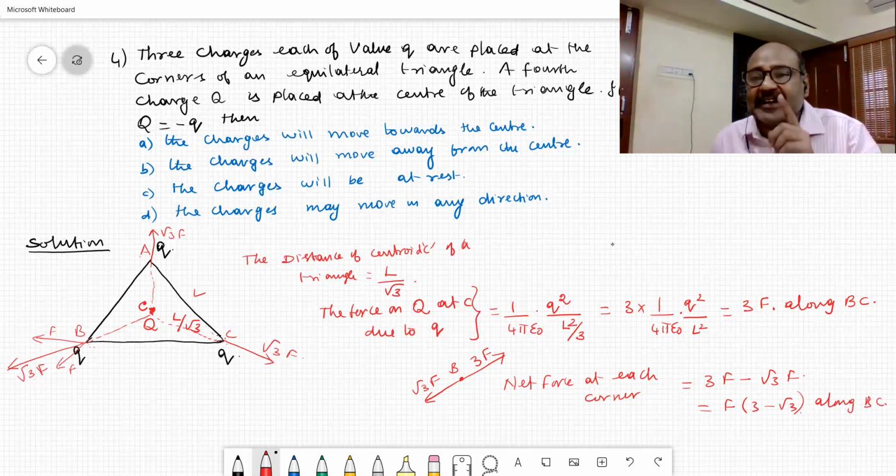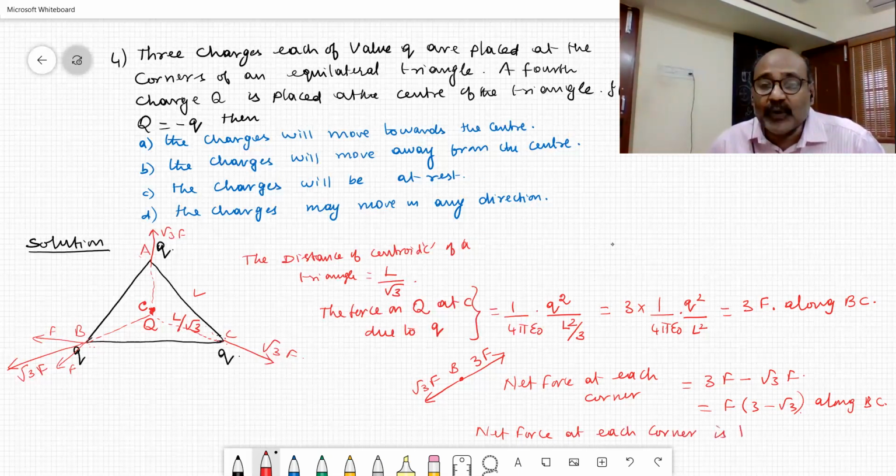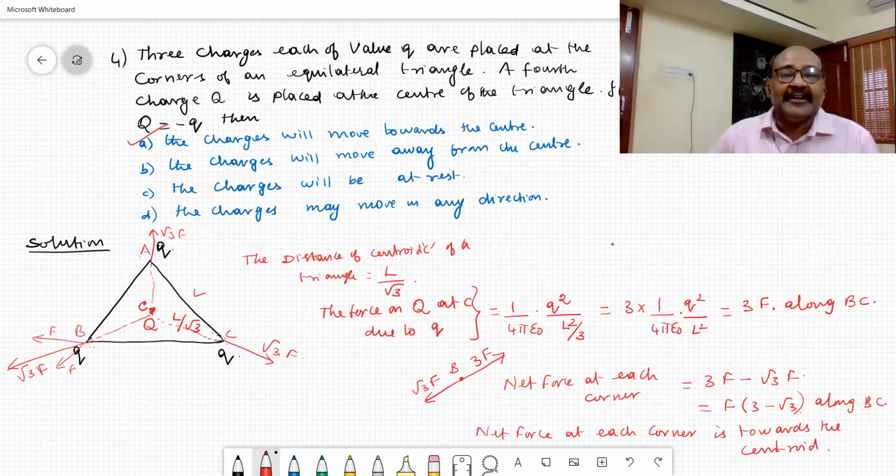So the net force at each and every corner is acting towards the centroid. If it is acting towards the centroid, the answer will be the first option. The charges at the corners will try to move towards the center. So the first one is the answer, option A.